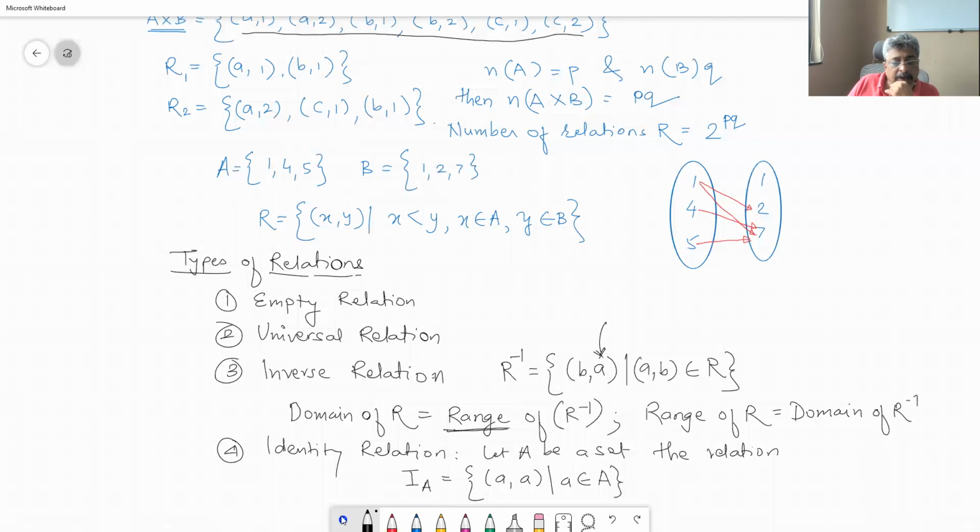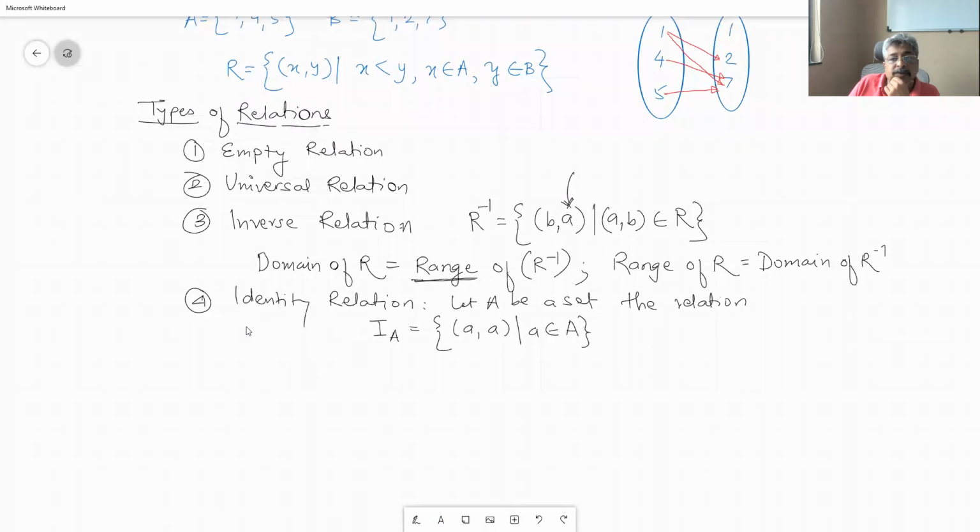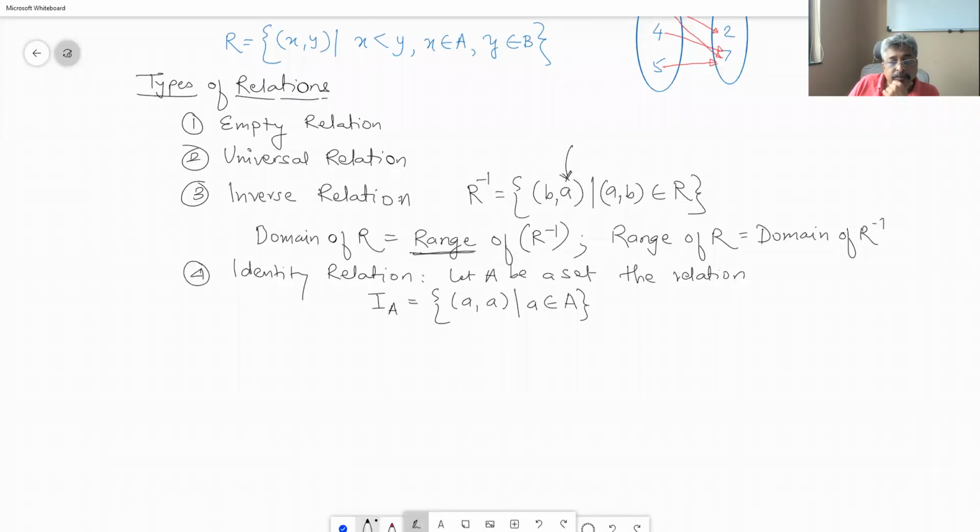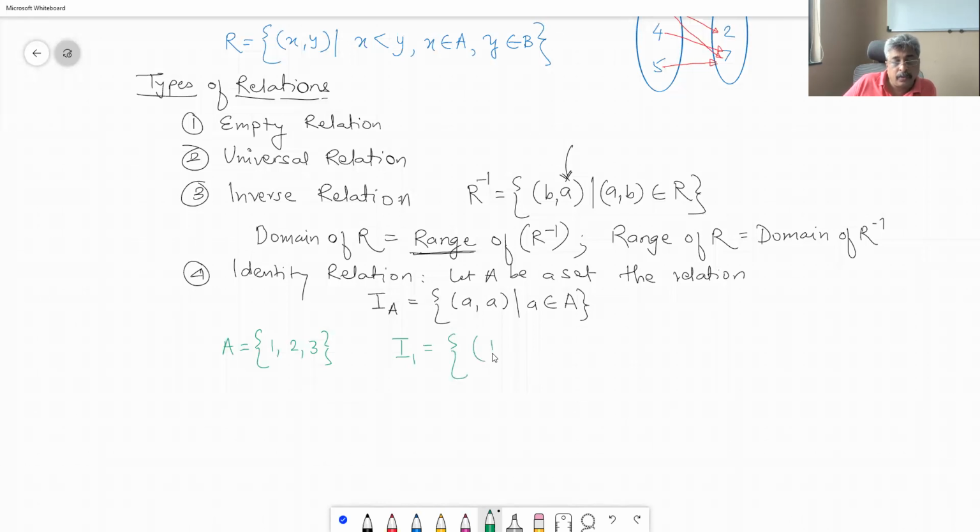That is called the identity relation. So suppose set A is 1, 2, 3. Then the relation I_A is equal to (1, 1), (2, 2), (3, 3).